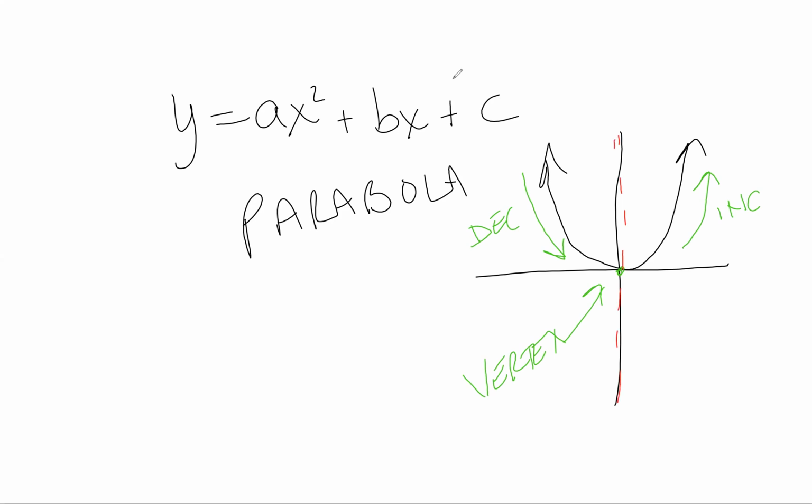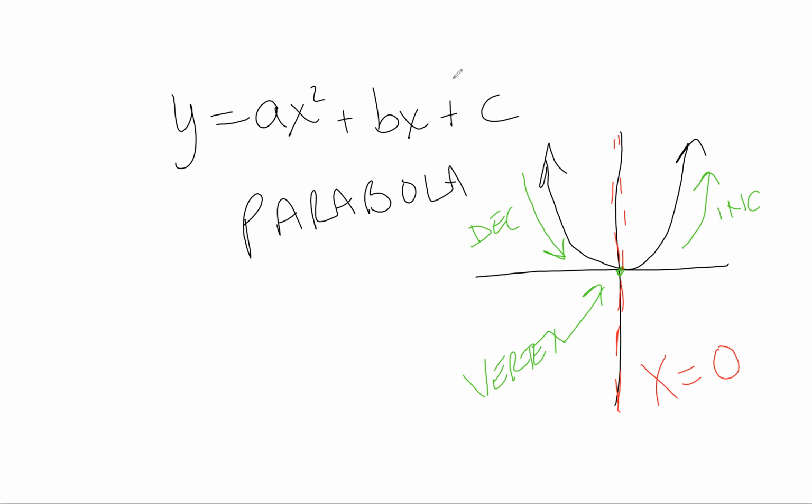That's a vertical line going through the vertex, and all vertical lines have the equation x equals some number. In this case, because it's going right through the origin at 0, 0, the axis of symmetry is x equals 0. Axis of symmetry simply means mirror image.